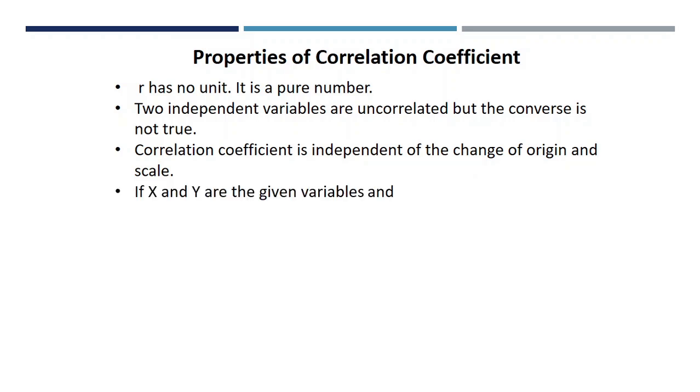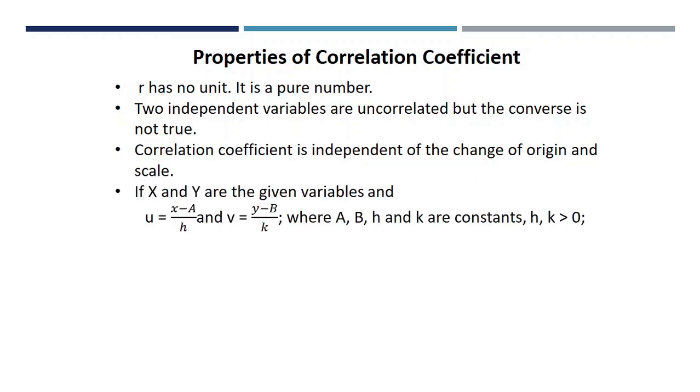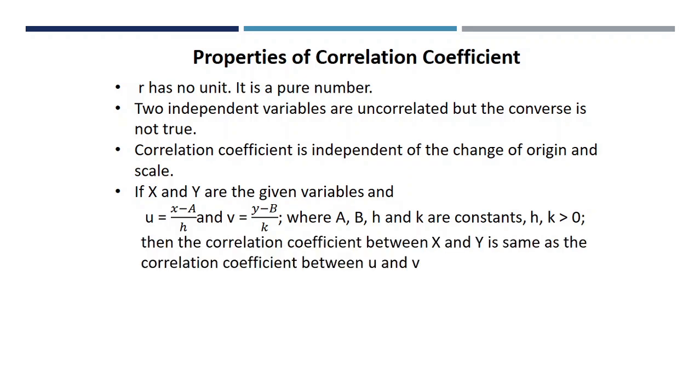That means if x and y are the two variables, and we take u equal to (x minus a) by h and v equal to (y minus b) by k, where a, b and h, k are constants and h and k are greater than 0, then the correlation coefficient between x and y is the same as the correlation between u and v.